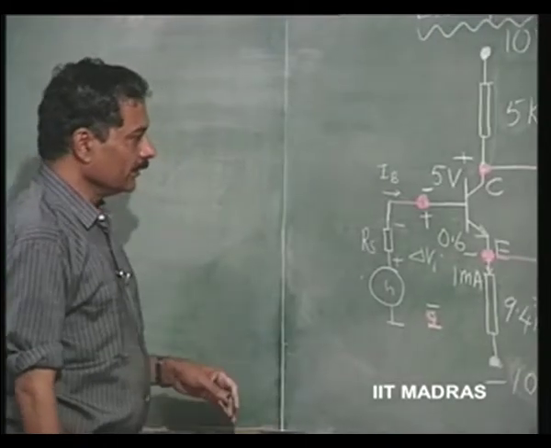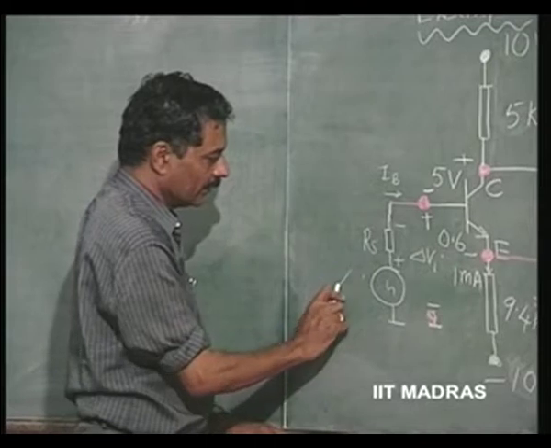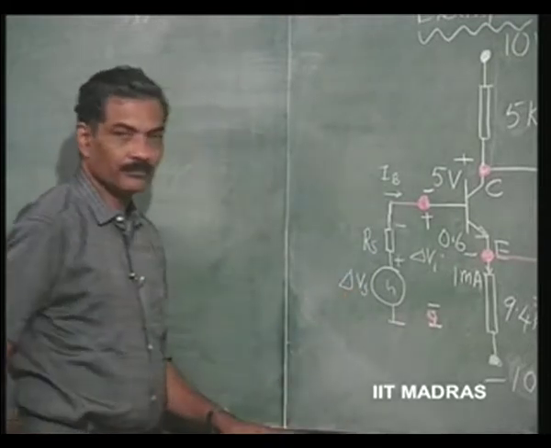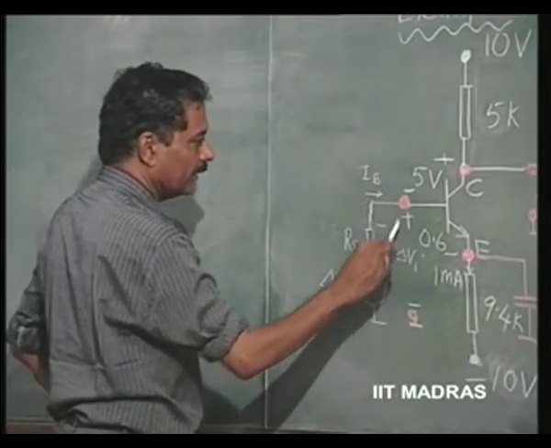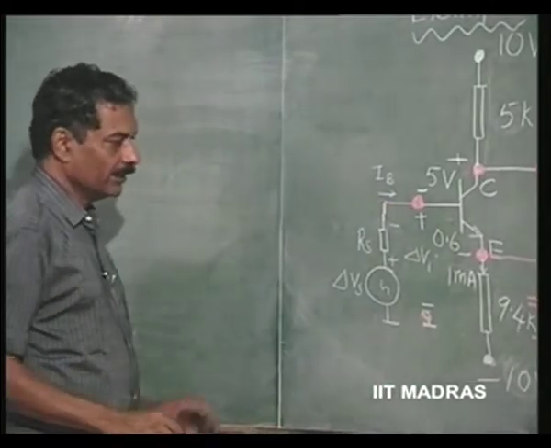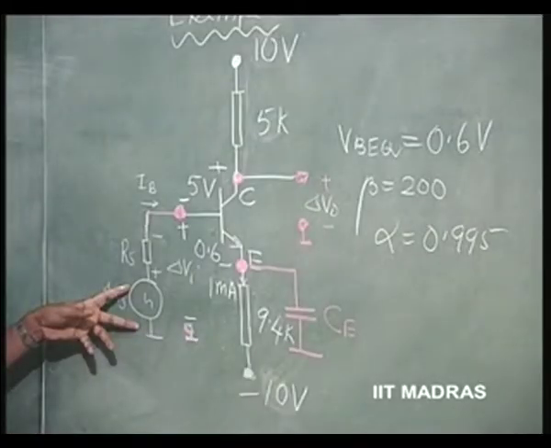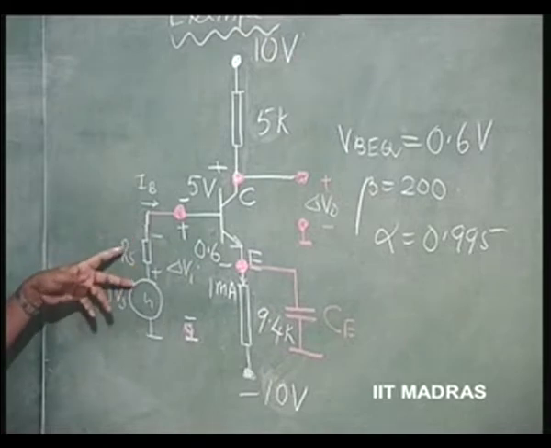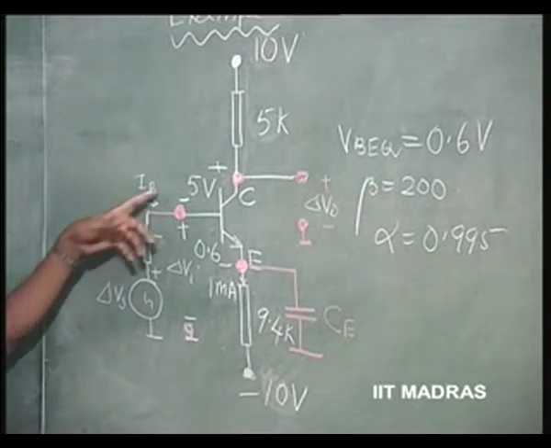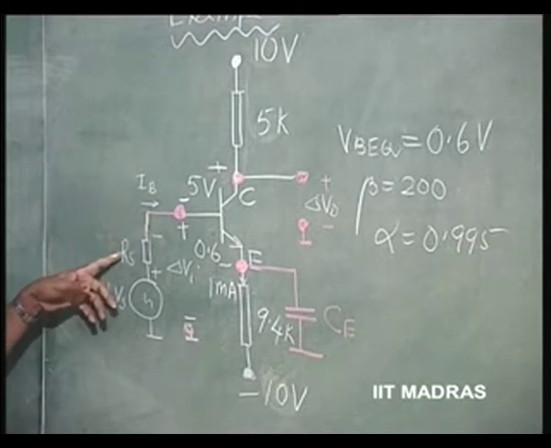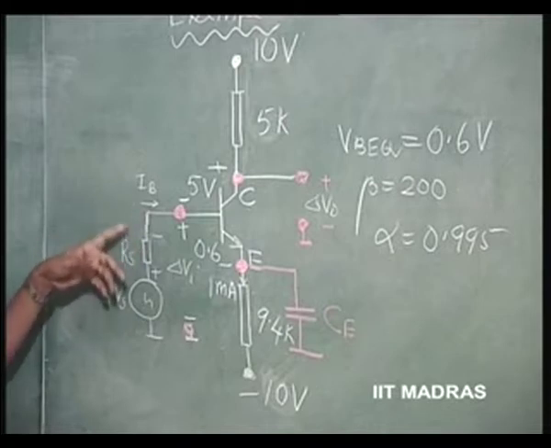When the signal is fed, let us say this is the signal delta Vs. The potential here is going to be changing by delta Vs above the ground. Further, there will be IBQ flowing, and then there will be delta Is flowing, IBQ plus delta Is.